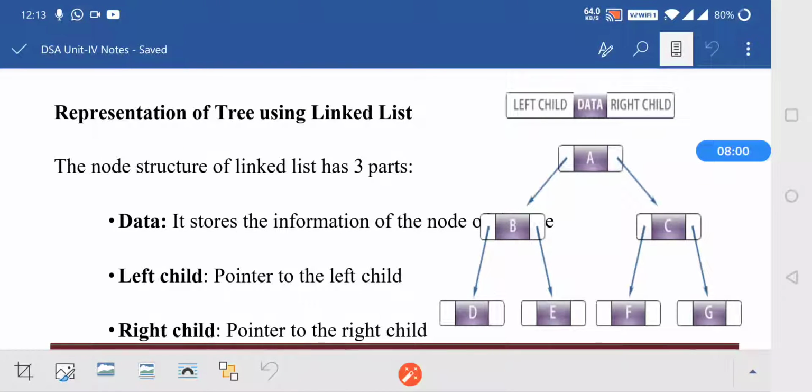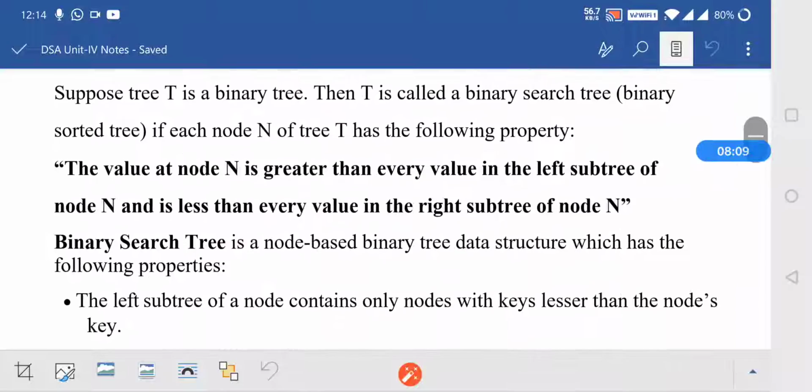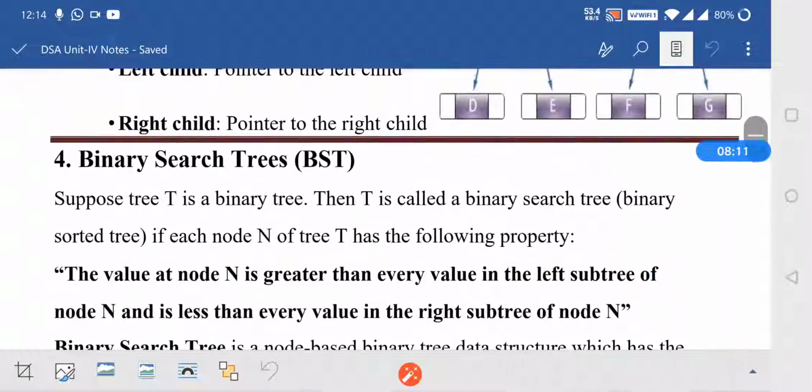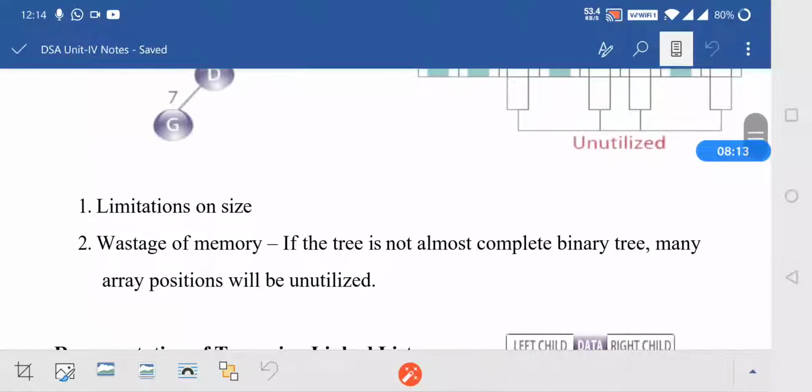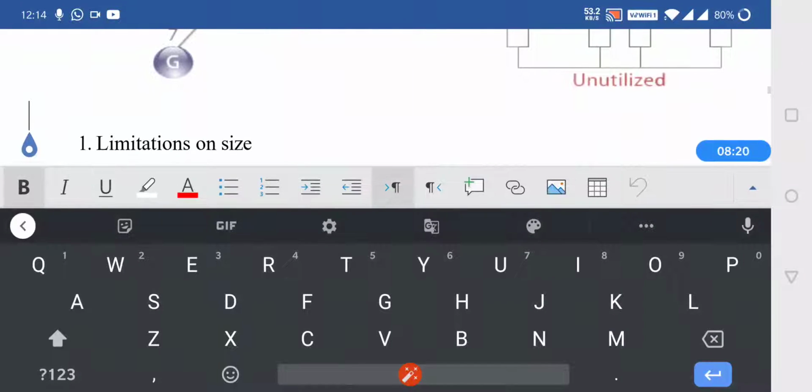Left child is responsible for the left side pointer, right child is responsible for the right side pointer. So that is how we can represent the tree using linked list and the tree by the array. So this was all about tree, the basic terminologies of tree and binary search tree. Thank you.